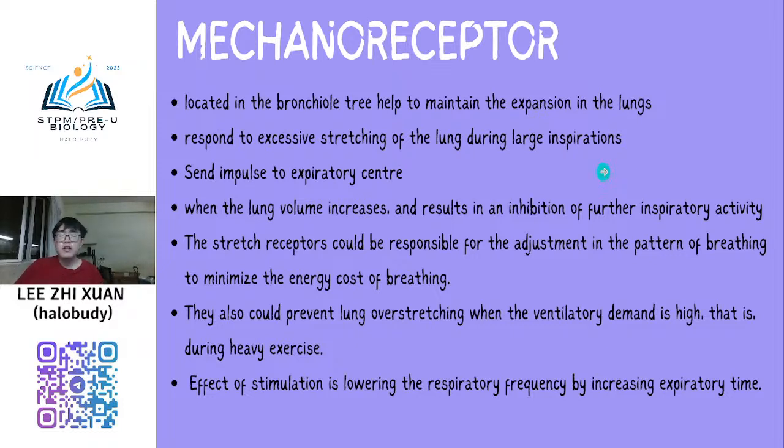Inspiratory central, when it is stimulated, dia akan pergi inspiration. Expiratory central, when it is stimulated, dia memang akan pergi ke expiration. So this mechanoreceptor, when it is stimulated, dia akan activate the expiratory central. So it will minimize the inspiration rate. So it will prevent the lung overstretching when the ventilatory demand is high.